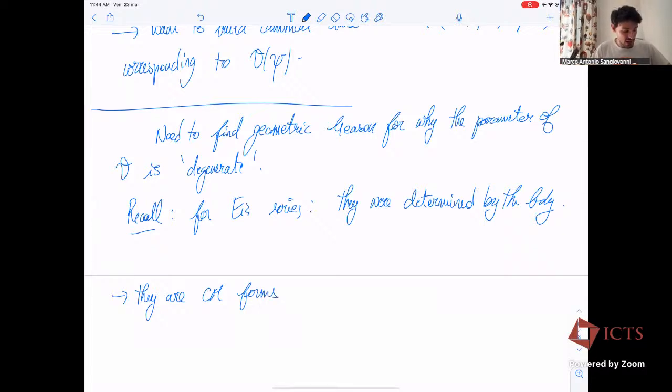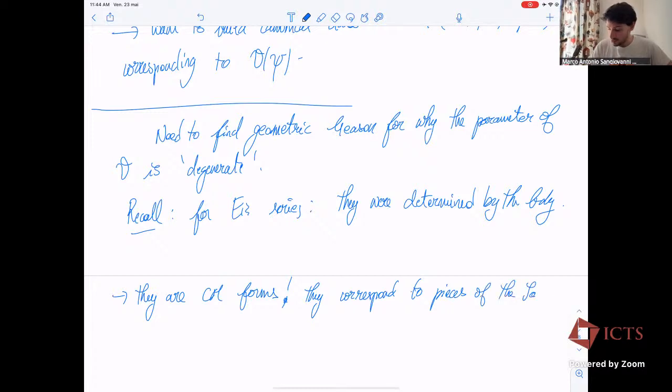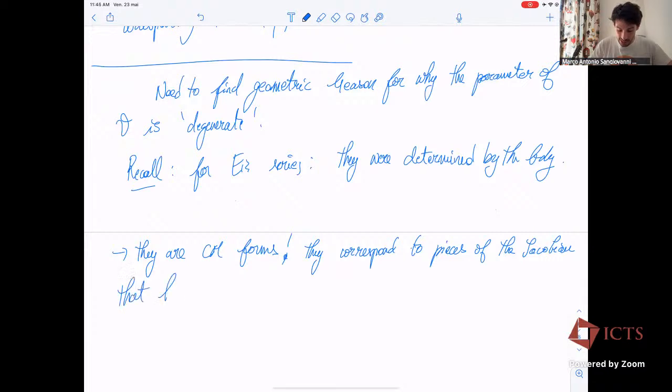What this means is that if you see them as differentials on the Jacobian, they correspond to pieces of the Jacobian that have CM, or that have extra endomorphisms than usual.